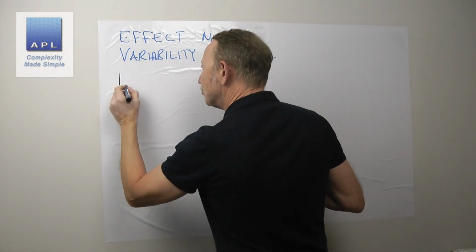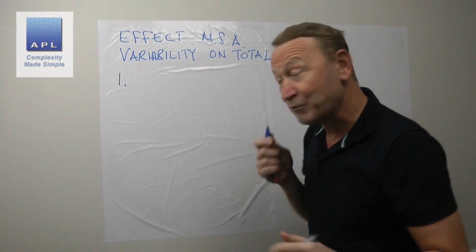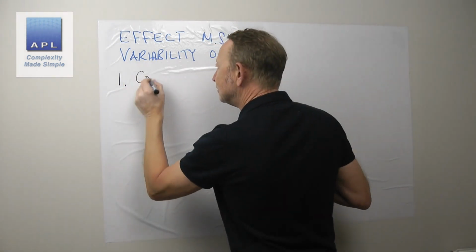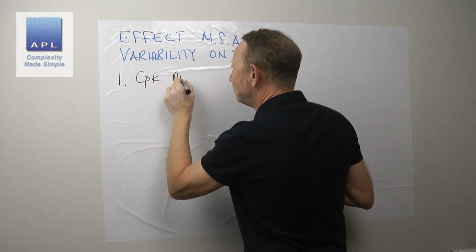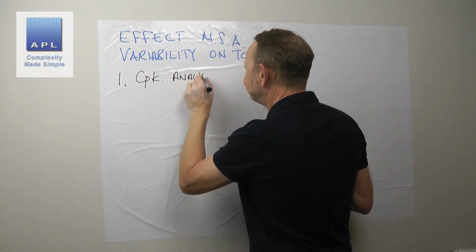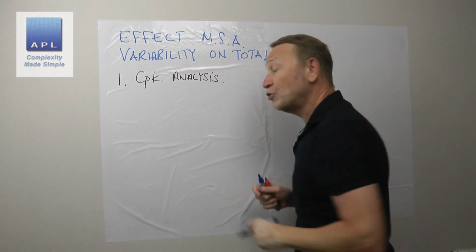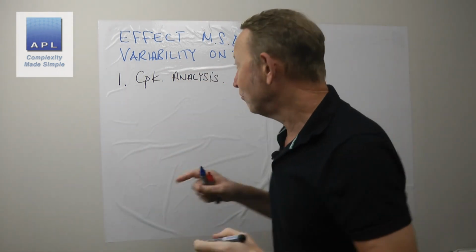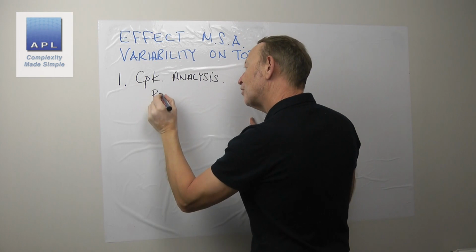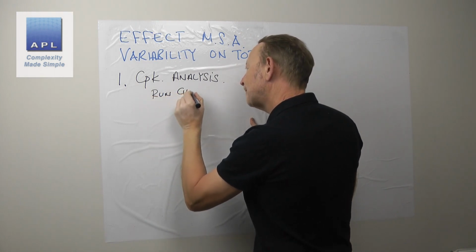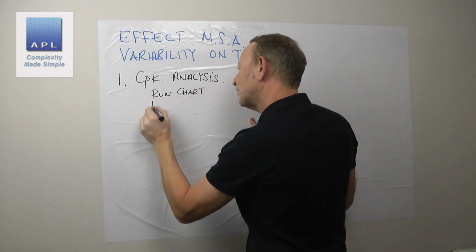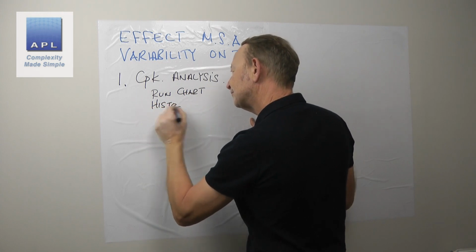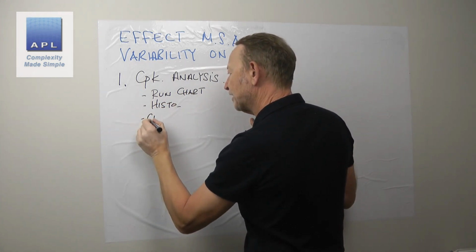First thing I would do when I'm trying to understand a process, I'm going to do a CPK analysis. Not just a CPK analysis. Normally what I would do is go run chart, histogram, CPK.